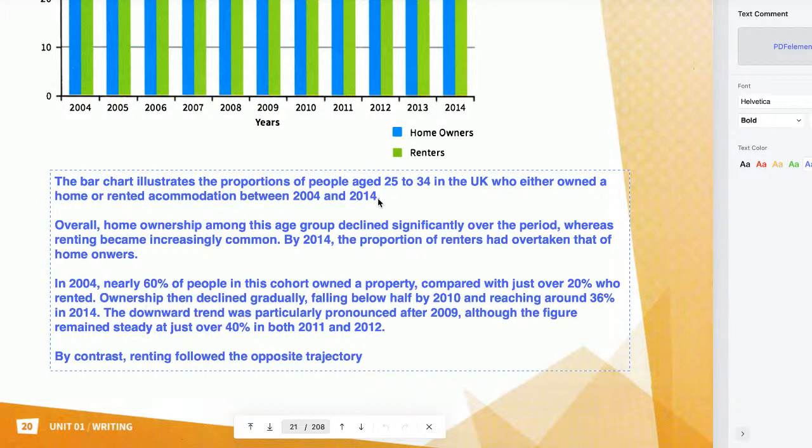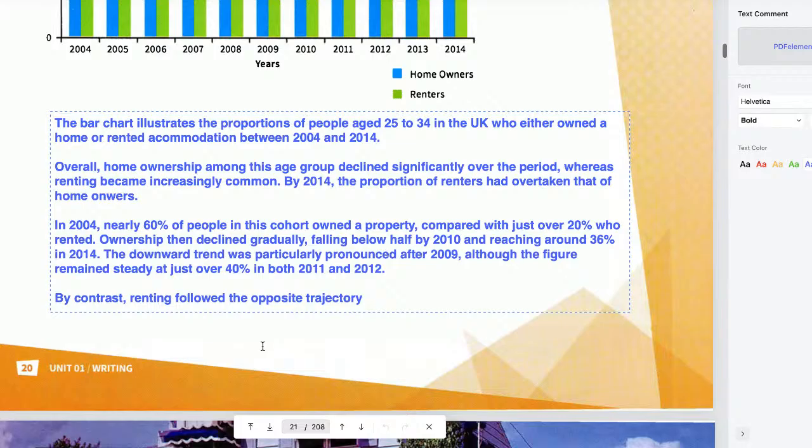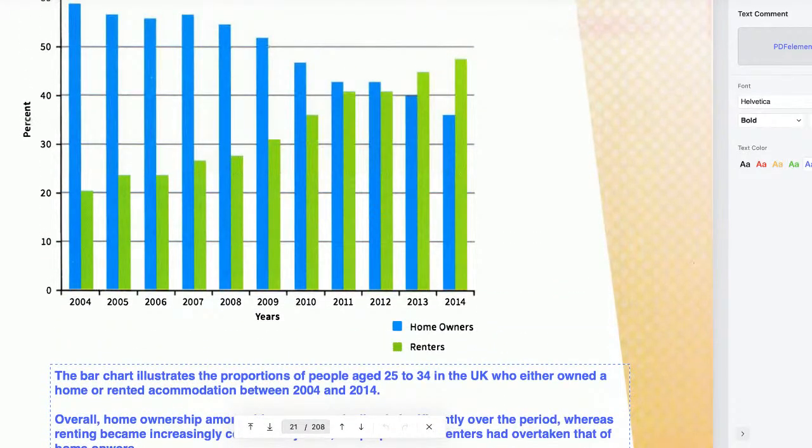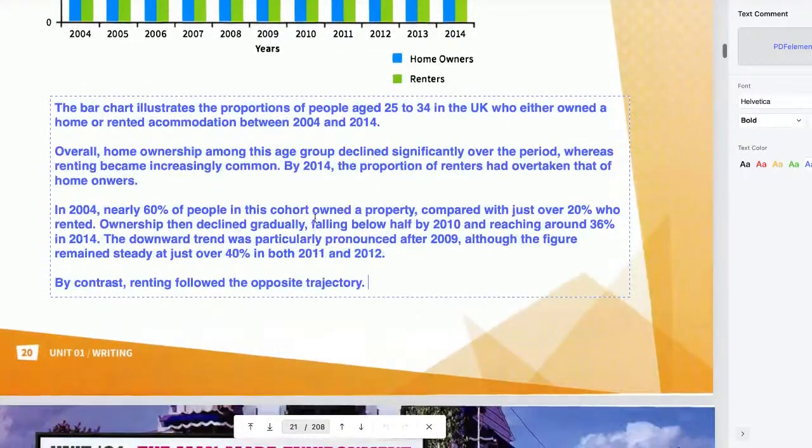Instead of using direction or something, we can use that one, trajectory. So by contrast, renting followed the opposite trajectory. Okay, that's good. That means we are trying to say it has a curved path, and this one is opposite compared with the previous one. So now people get the general idea about this category, right?